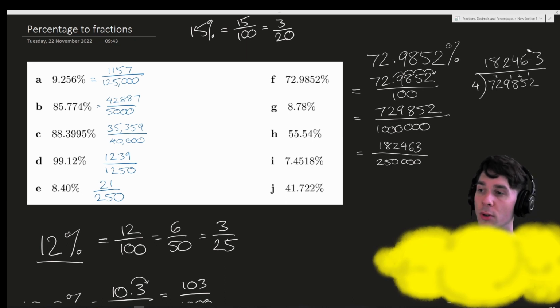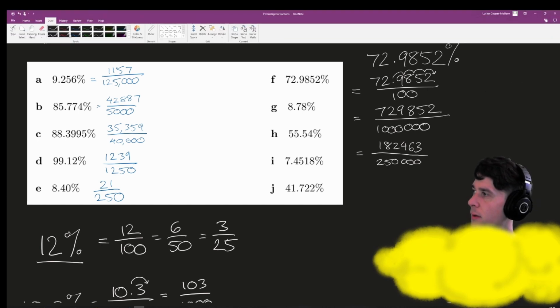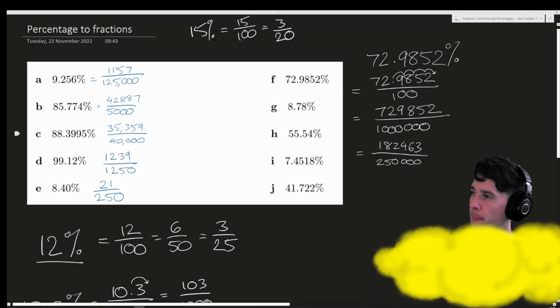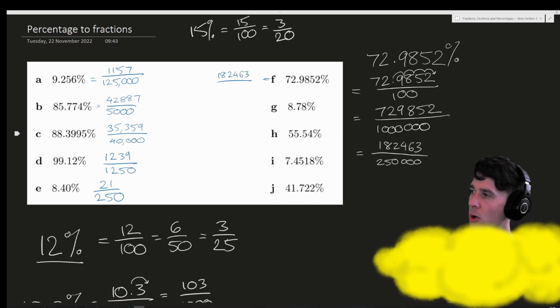There are no more common factors. And so that means that we are now finished. So our final answer will be that this is equal to 182,463 over 250,000.